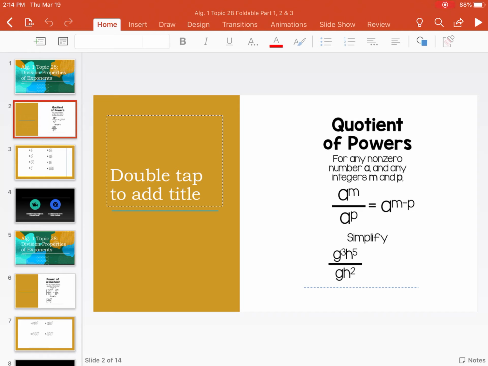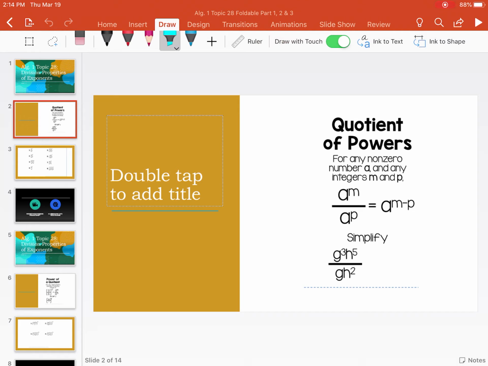For any non-zero number a and any integers m and p, we get a to the m divided by a to the p equals a to the m minus p. So think back when we were doing multiplication and we had the same bases, we would add the powers.